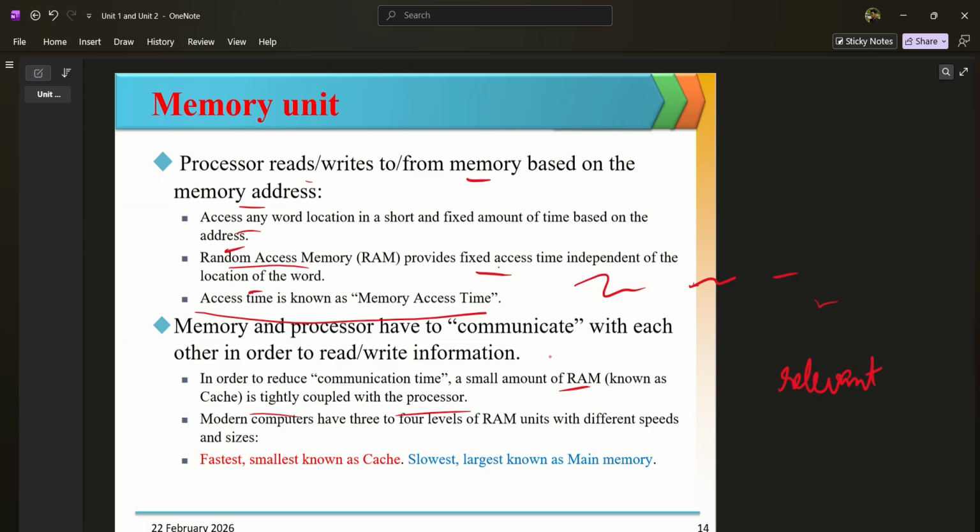The access time in cache is much lesser than the access time required to take data from the RAM. Modern computers have 3 to 4 levels of RAM units with different speeds and sizes. The smallest is cache and the largest is the main memory.